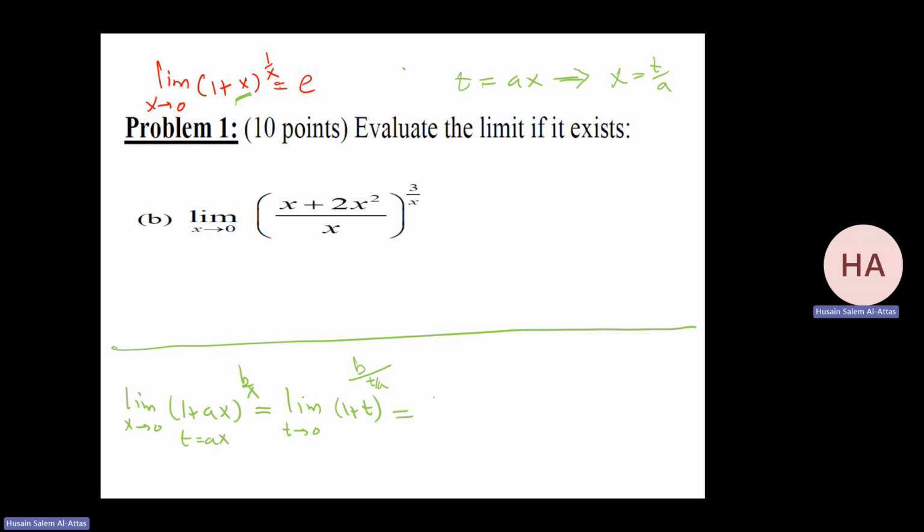So that will be limit t goes to 0, a will go up. This is 1 plus t to the power ab over t. Be careful now. I can rewrite it as limit t goes to 0 of 1 plus t to the power 1 over t, all to the power ab.